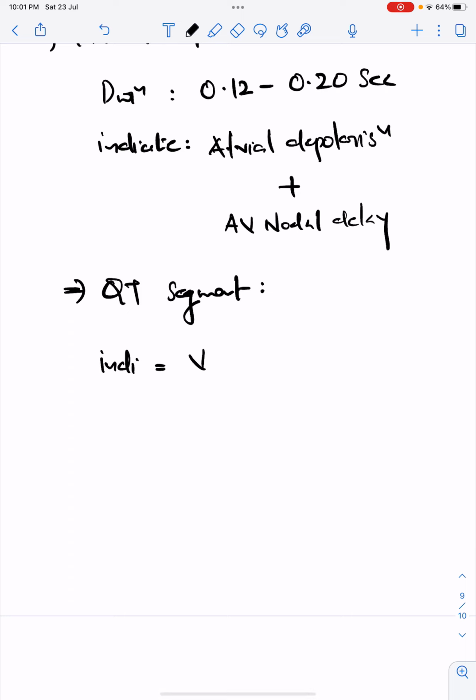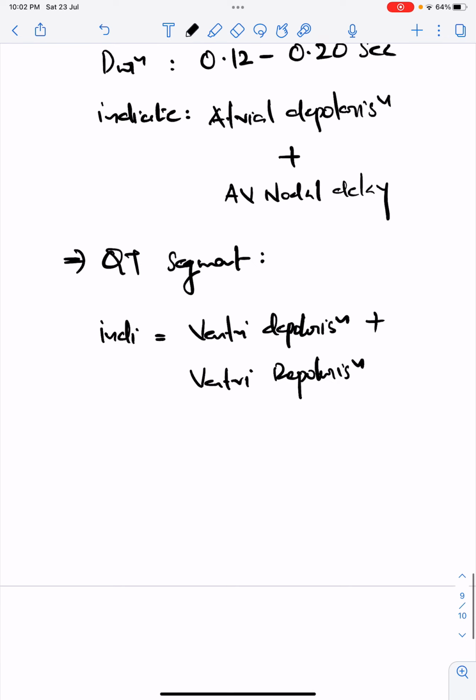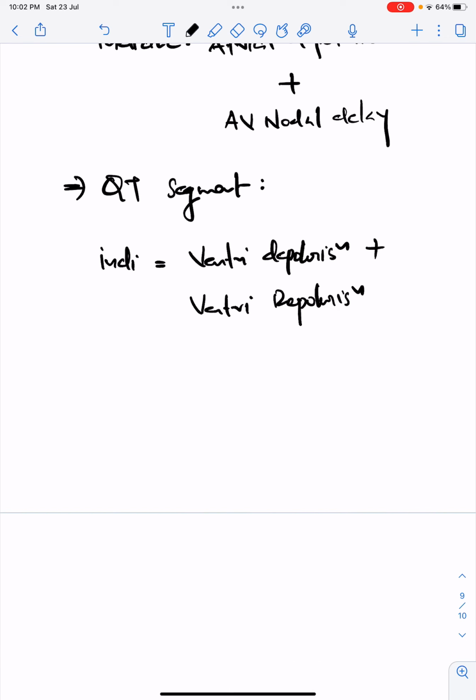QRS complex is ventricular depolarization and T wave is ventricular repolarization. So QT interval indicates ventricular depolarization and repolarization, and the normal duration is 0.36 to 0.44 seconds.